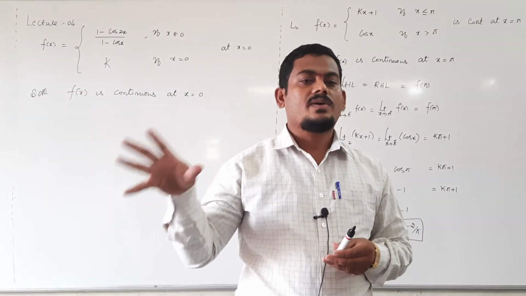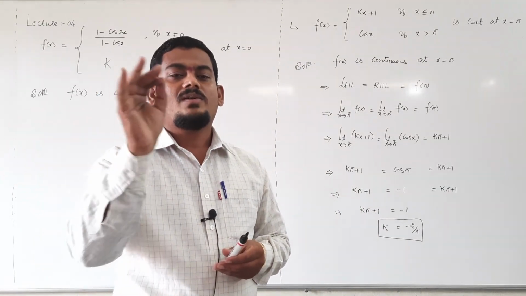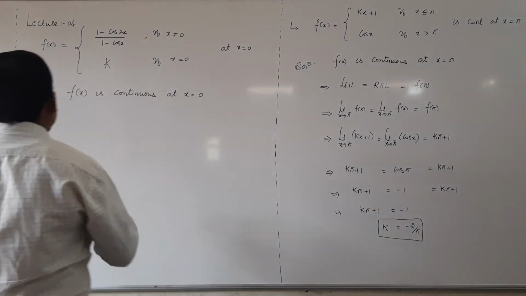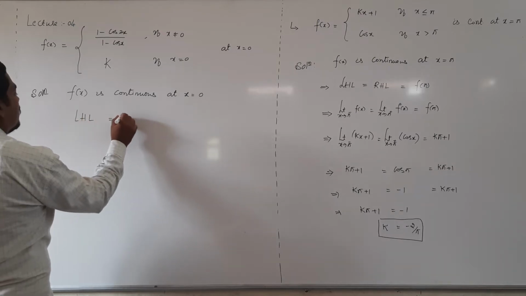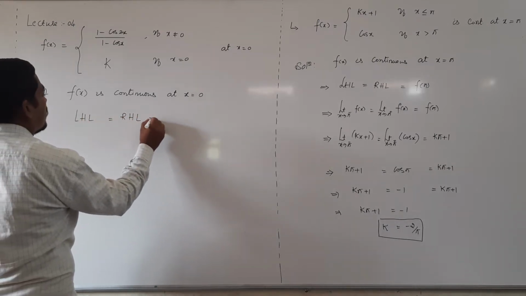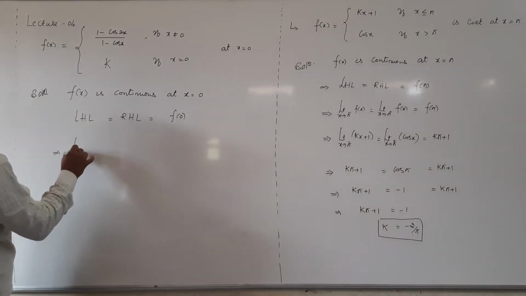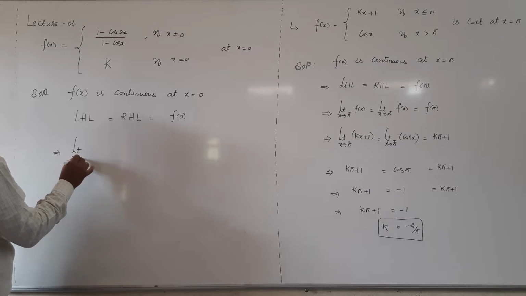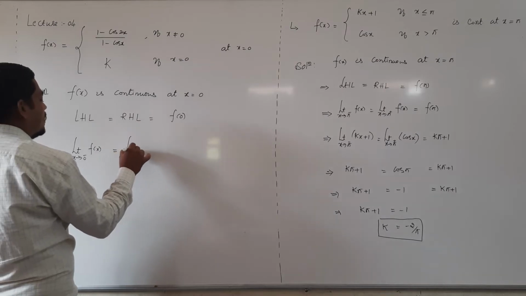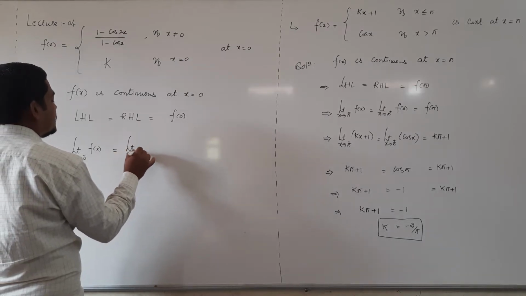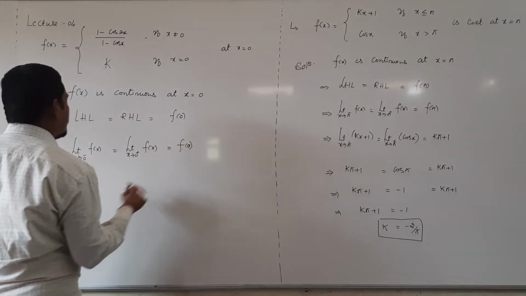At x equal to 0, the function is continuous means again the same condition only, left hand limit equal to right hand limit equal to functional value. Left hand limit equal to right hand limit equal to f of 0. Then limit extending to 0 minus f of x is equal to limit extending to 0 plus f of x is equal to f of 0.